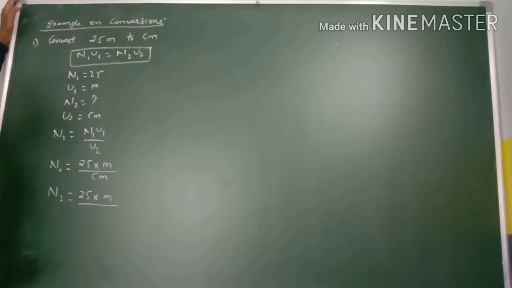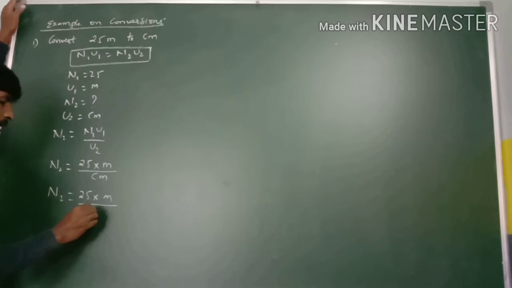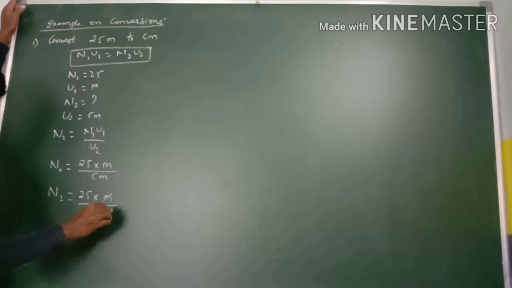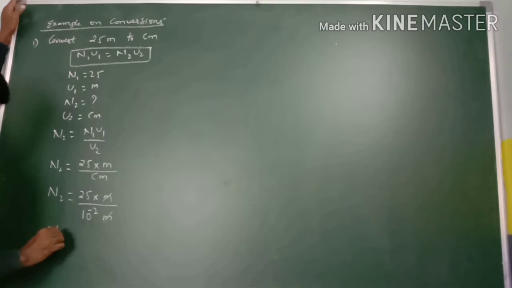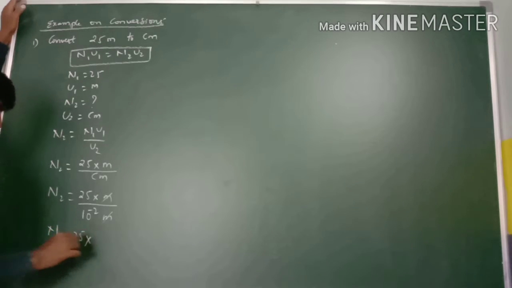How can we know the centi value? From the previous table of multiples and submultiples, the value of centi is 10 power minus 2. Meter gets cancelled.